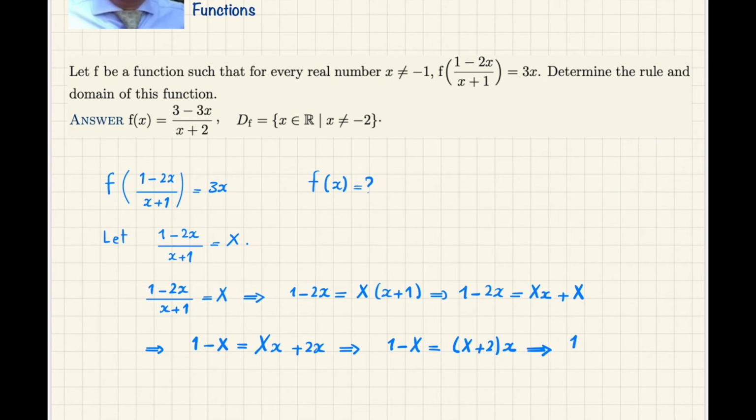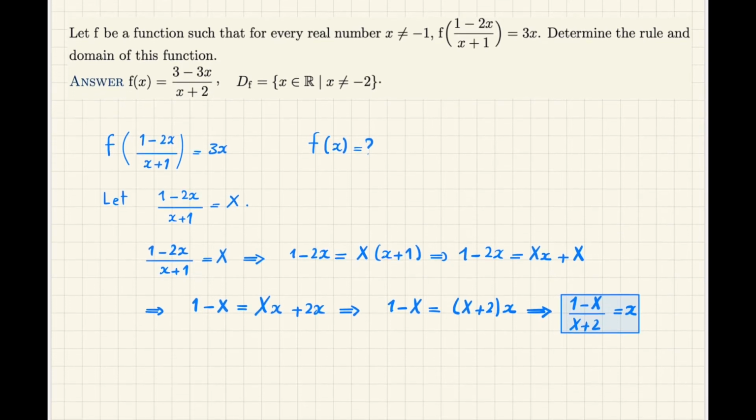So the left hand side becomes (1 minus capital X) divided by (capital X plus 2). The right hand side is just simply x. So that is what I was looking for. I wanted to write little x in terms of capital X.